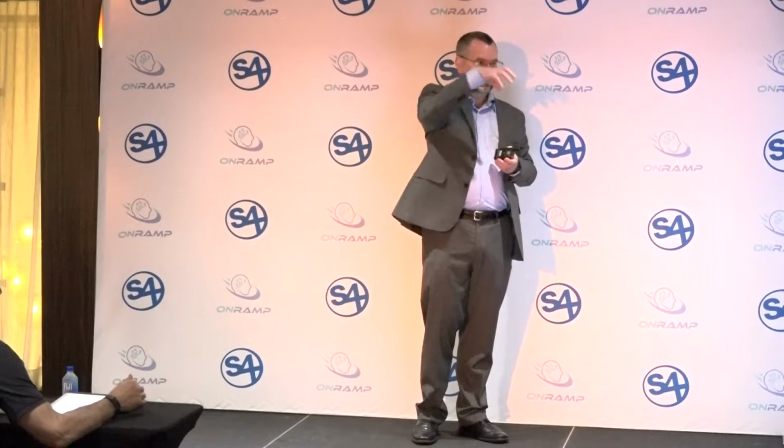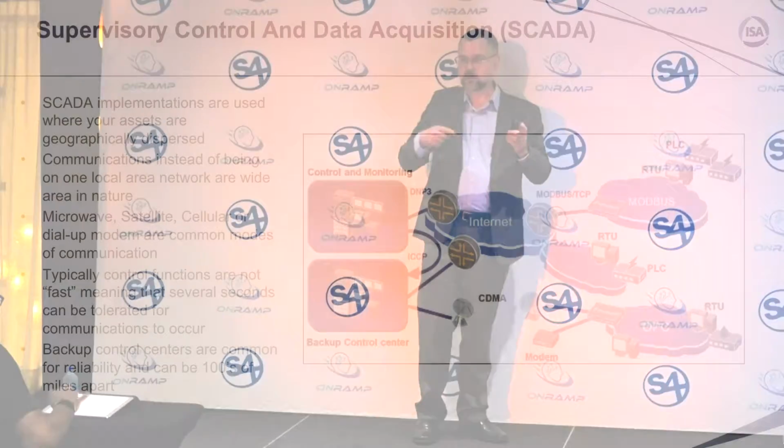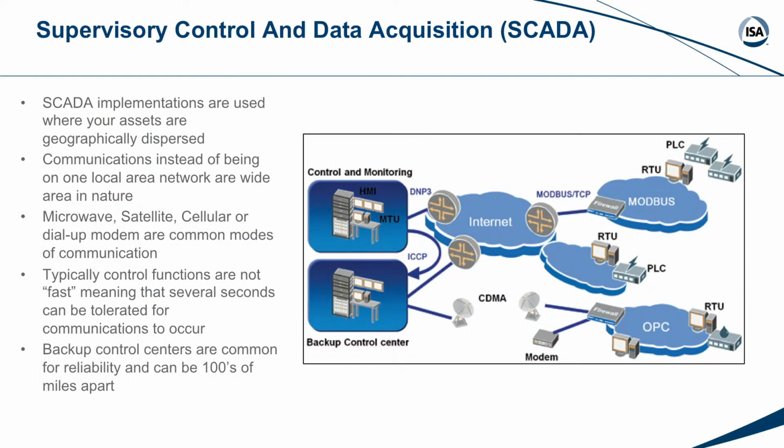Each one of those will have some localized controls in it, but they might all be connected back to a master control room in a different city, in a different state, or even in a different country. There's somebody operating or dispatching that system from many, many miles away. You'll also see backup implementations.